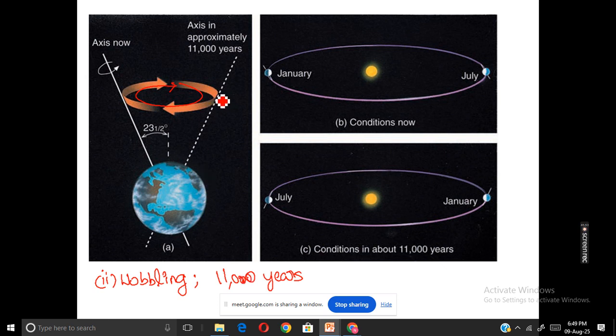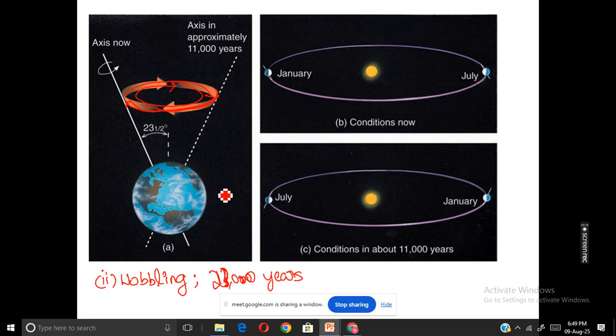So the axis which was initially here, after 11,000 years, it will be like this. Then with another 11,000 years, it will again come to the initial position. So to complete one cycle, it will take around 23,000 years. 11,000 is half of this. So the axis is also rotating on its own.